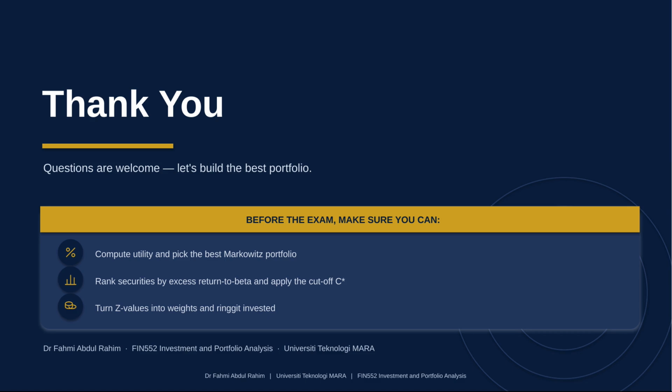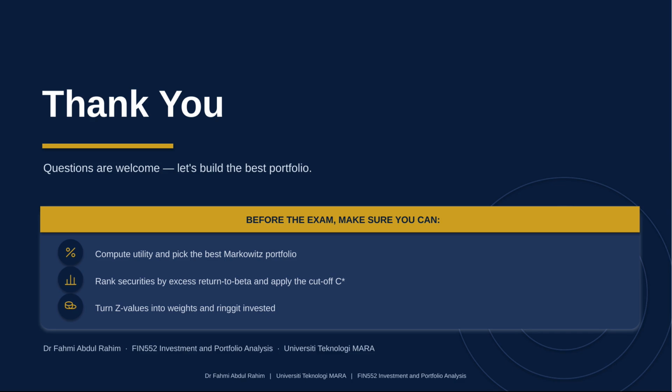Before you sit the exam, make sure you can do three things listed in the box. First, compute utility, expected return minus variance over risk tolerance, and use it to pick the best Markowitz portfolio. Second, rank securities by their excess return to beta ratio and apply the cut-off C star to decide which securities make the portfolio.